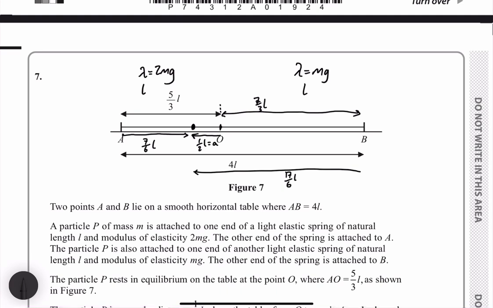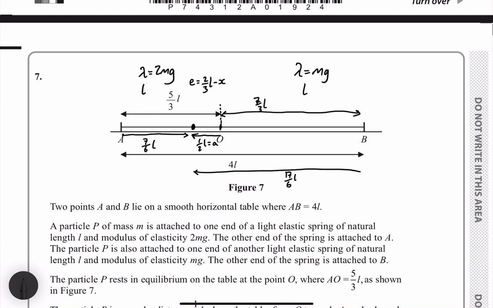So from here, the extension, which I'll call E instead of X, allowing X to be the displacement, the extension of the spring on the left is equal to 2/3 of L minus X, the displacement. Initially that displacement is 1/2 L, but once it's released, that's a variable.